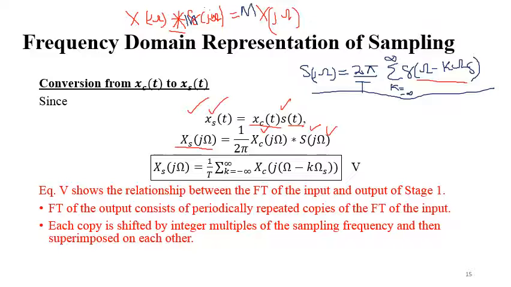If this is shifted, for example by an amount of ω0, the resulting signal will be shifted by ω0. If you look at this one, it is scaled by a factor of 2π, so this signal will be scaled by a factor of 2π. Again, these are shifted impulses, so this can be written as 1/2π, which is already there.